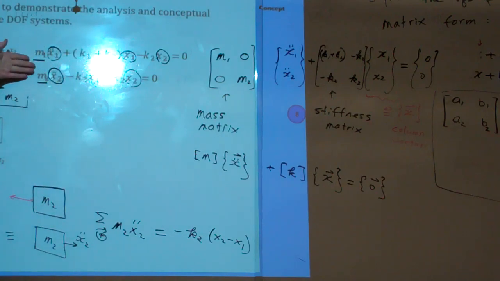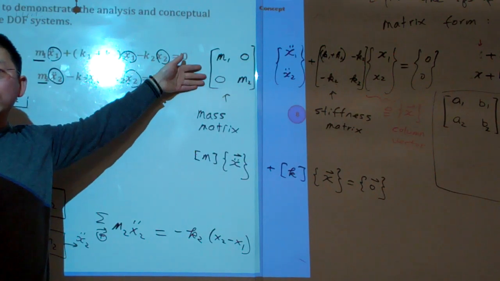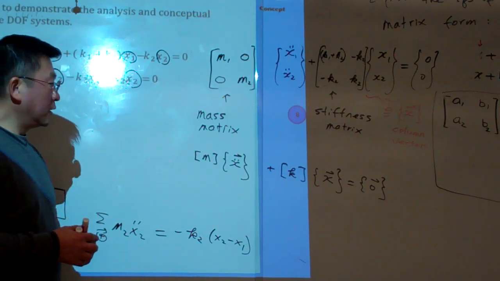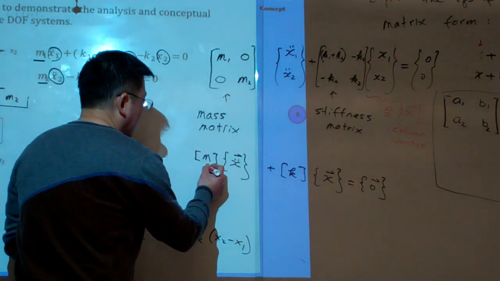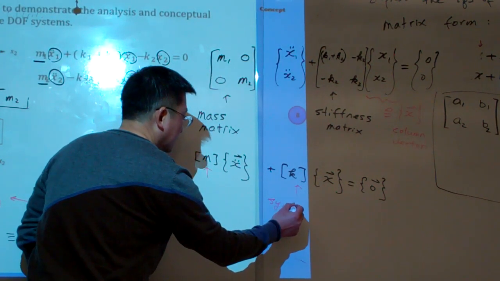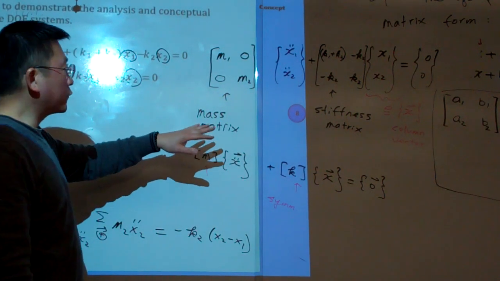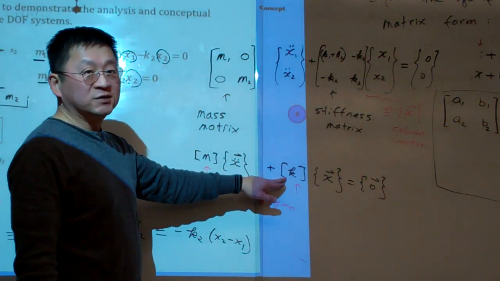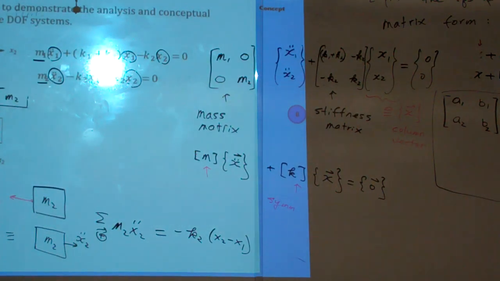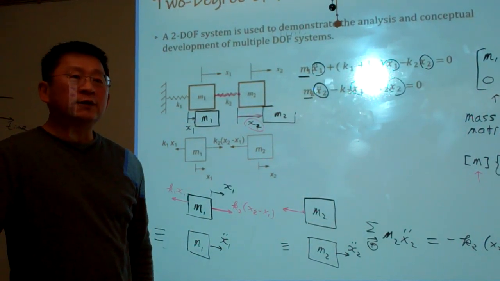If you have done this correctly, I can provide you one quick way to check whether your work is right or not. If everything is right, the mass matrix and stiffness matrix must always be symmetric. If you find your matrix is not symmetric, that indicates something is wrong in your process, so go back and check your derivations. Be good?